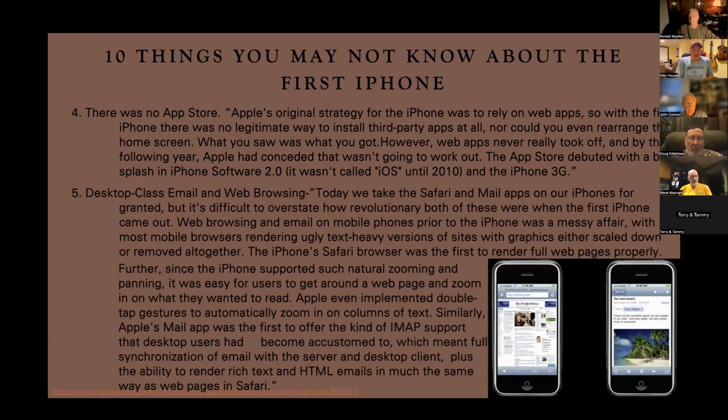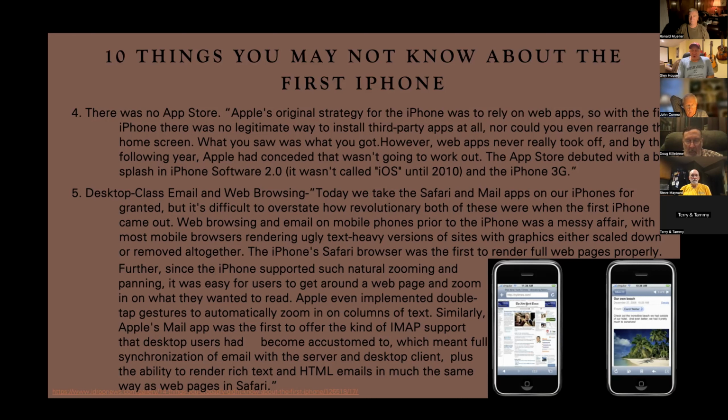One thing the iPhone did have was desktop class email and web browsing. I'm going to read this little quote. Today, we take the Safari and Mail apps on our iPhones for granted, but it's difficult to overstate how revolutionary both of these were when the first iPhone came out. Web browsing and email on mobile phones prior to the iPhone was a messy affair, with most mobile browsers rendering ugly text-heavy versions of sites with graphics either scaled down or removed altogether.